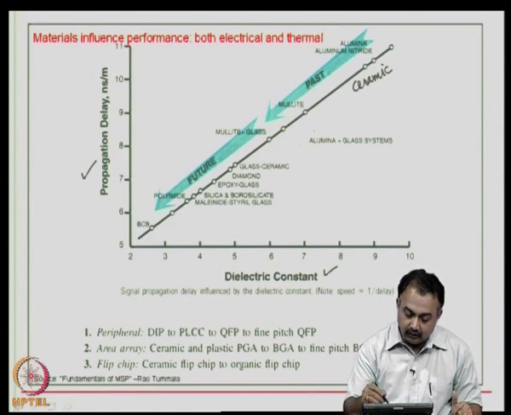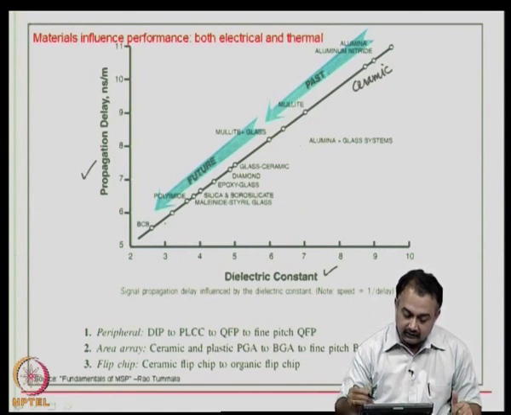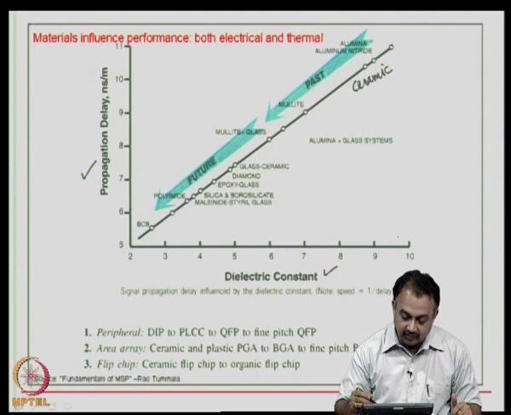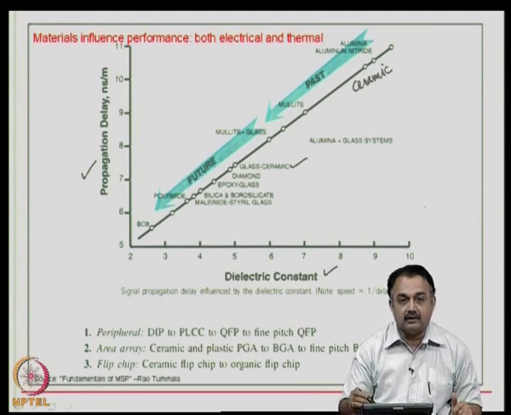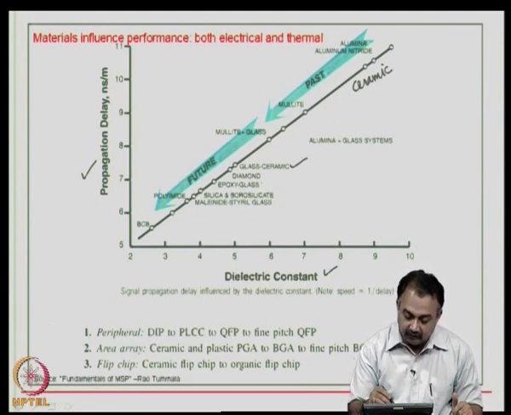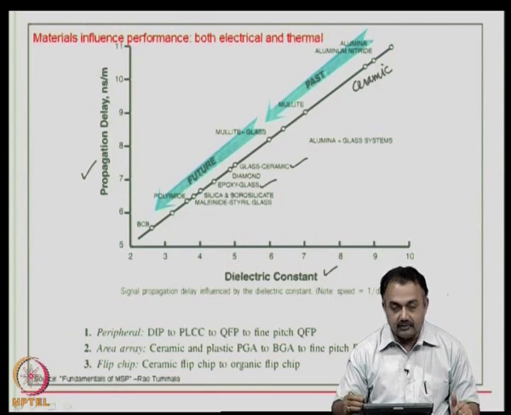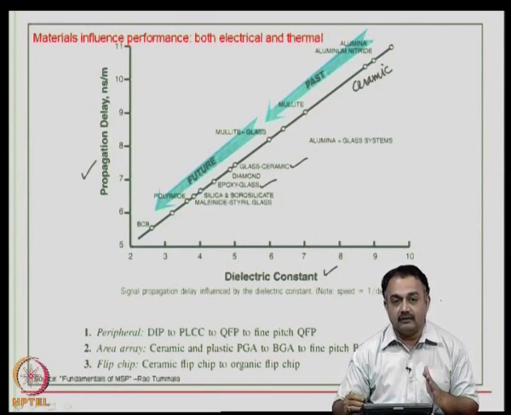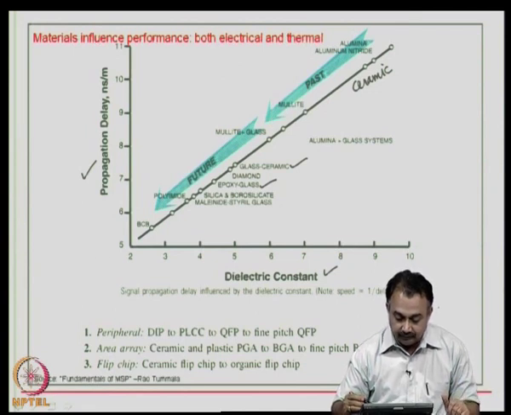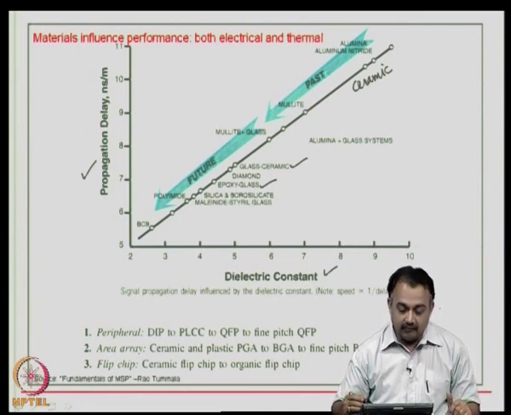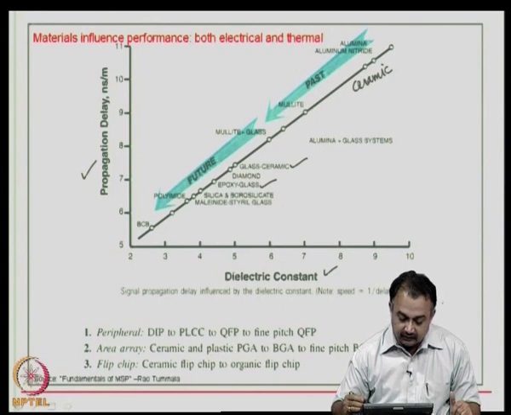So, as we move along in today's technologies and today's manufacturing, we have seen a lot of composites being used, for example, the glass ceramic material. Then we have the epoxy glass, whose dielectric constant varies in terms of added fillers between 3.5 to 4.2. So, we are using a lot of epoxy glass substrate.